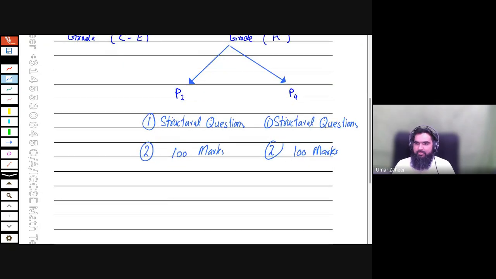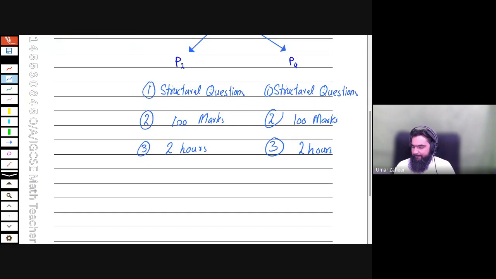If we talk about the duration, the duration of each paper is 2 hours, both of them. So look here, till here, we did not get any difference between the papers.